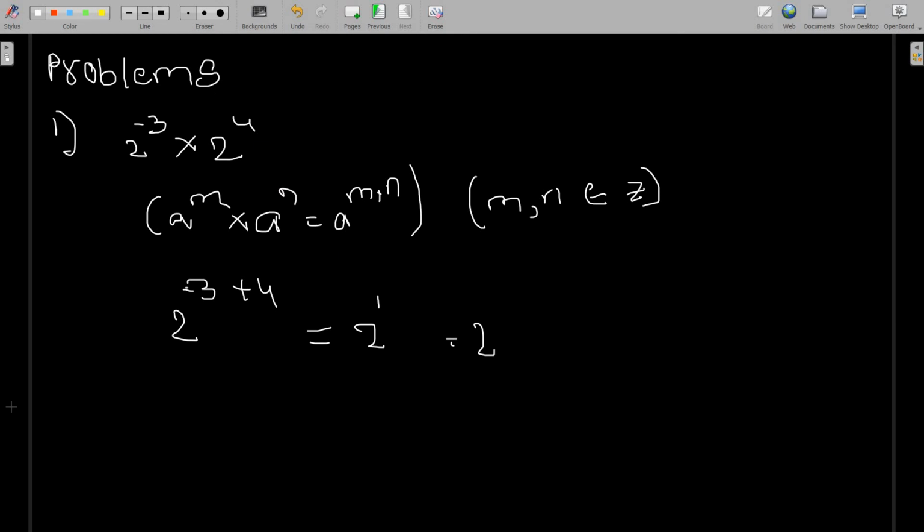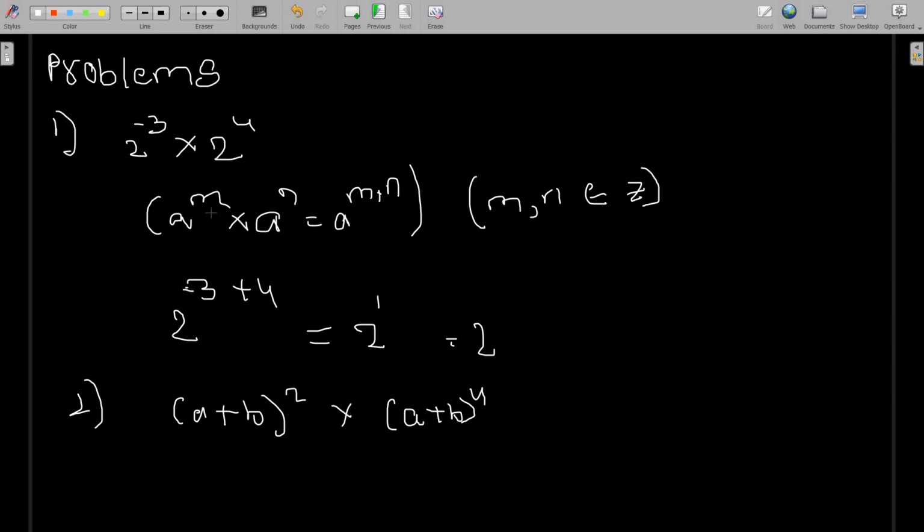2 power 1. I am writing another problem also. (a plus b) whole square into (a plus b) whole power 4.